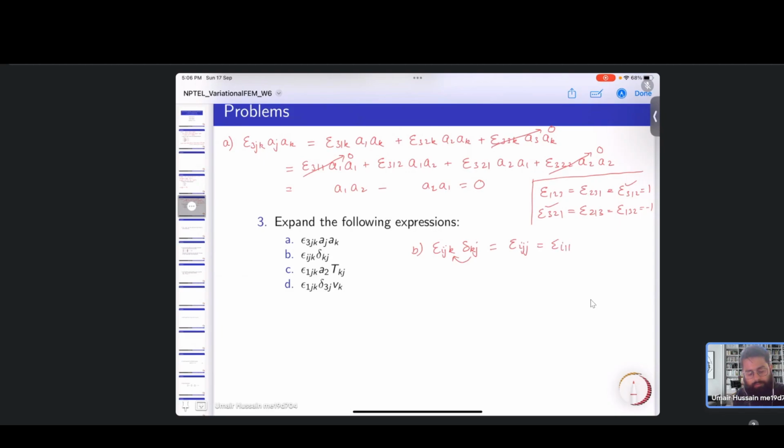So epsilon i11 plus epsilon i22 plus epsilon i33. Irrespective of the value of i, the other two indices are also always the same. So they will always be 0. So this whole term becomes 0, or it's a zero vector, you can say. If there are three components, it's actually a zero, like this, because we have one free index here, so it's a first order tensor.